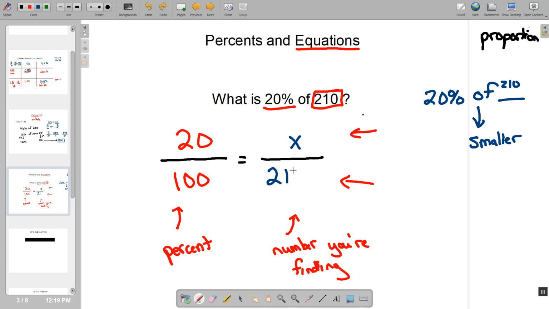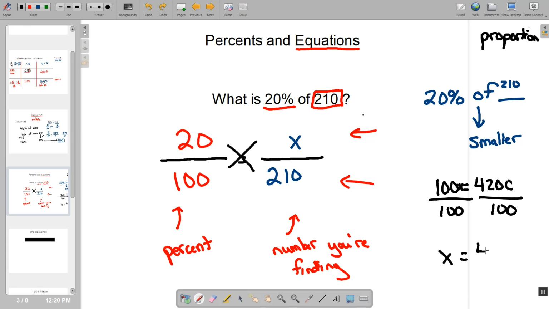Then 210 ends up down here on the denominator, and all we do is we cross multiply. So we get 100 x is equal to 4,200. Totally missed the x. And then to solve it, we divide both sides by 100. And once again, x is equal to 42.